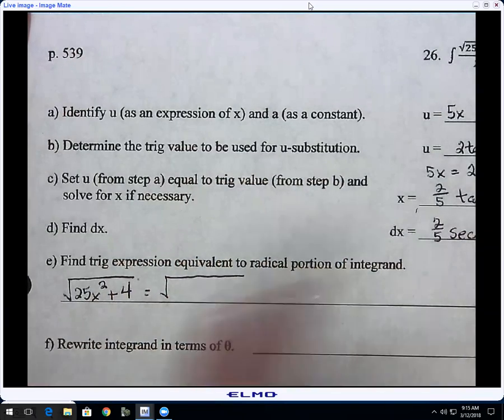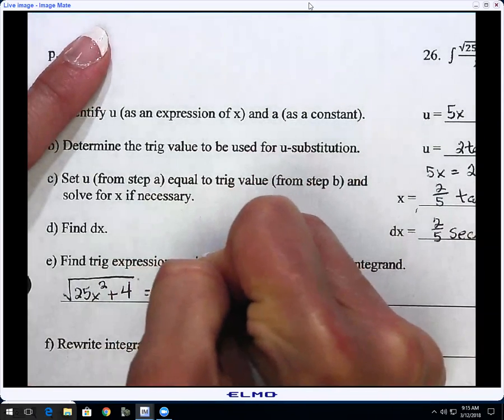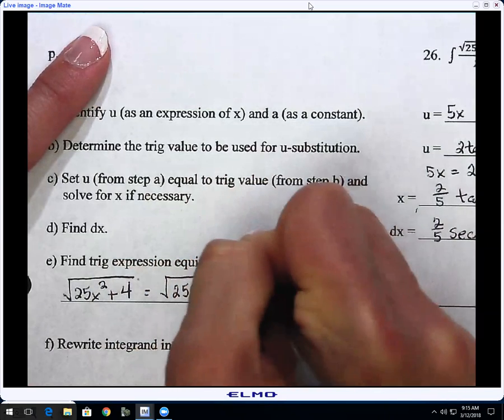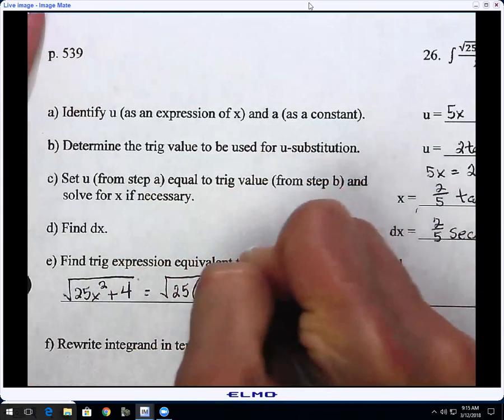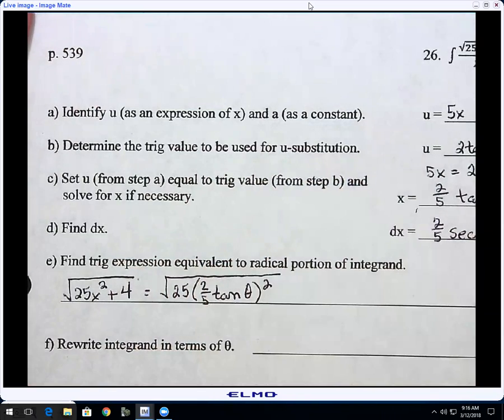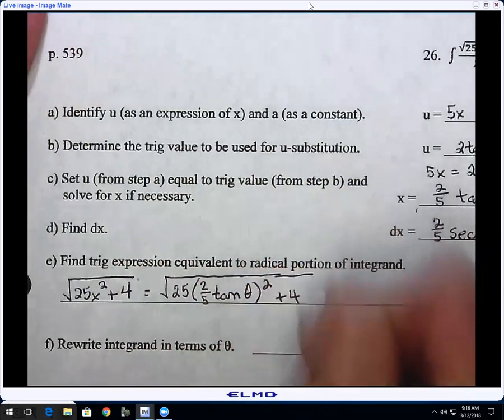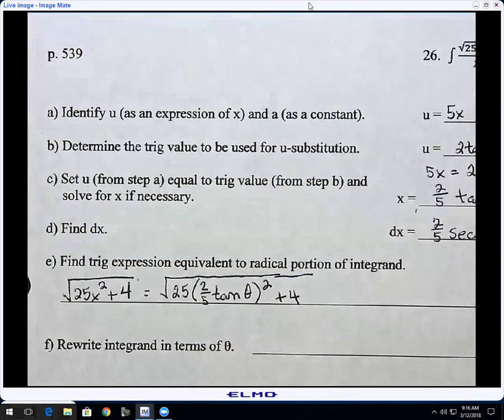I'm just putting 2/5 tangent theta in the place of x. It's still squared, and I still have my plus 4. Simplify that just like we did the d parts of explorations 2, 3, and 4. See what that cleans up to be.